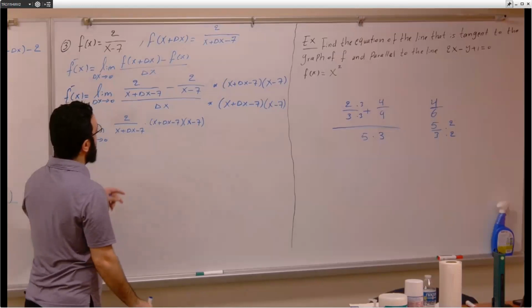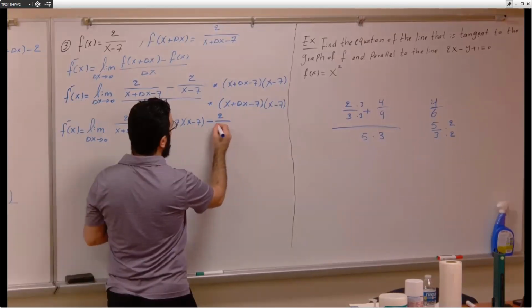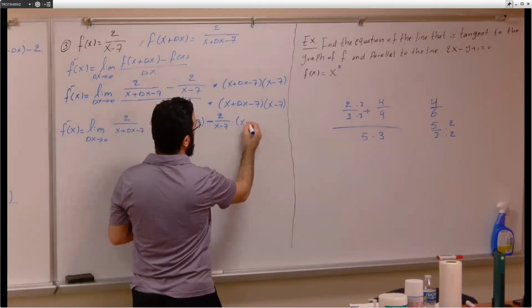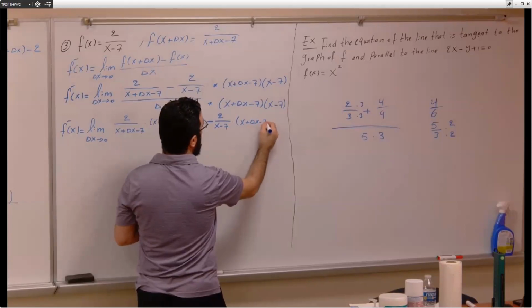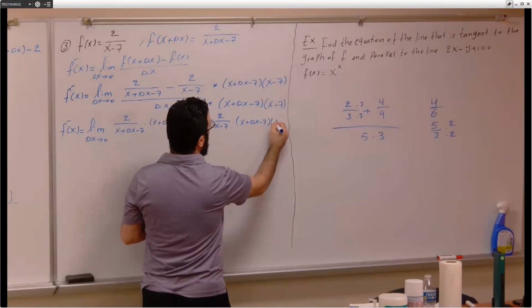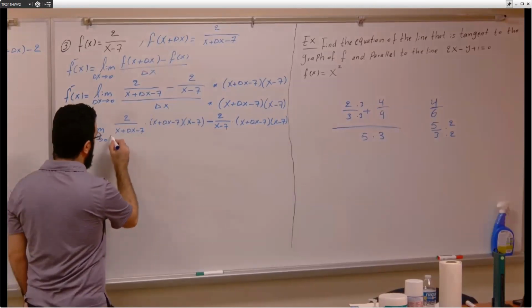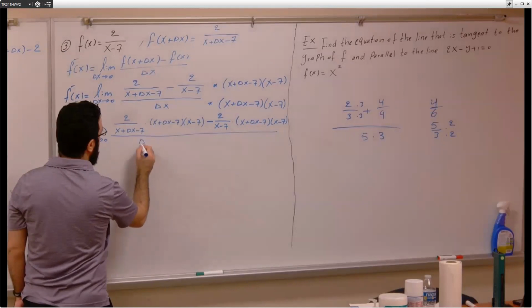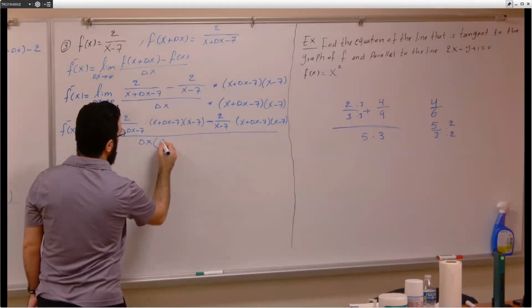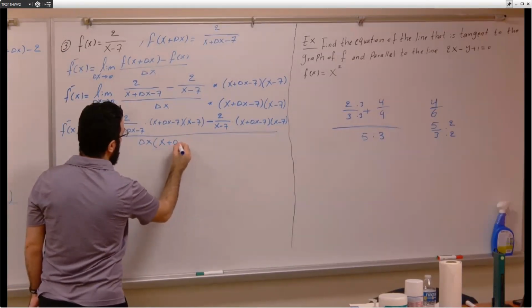Only for the first step. Minus, we have 2 over x minus 7 times x plus delta x minus 7 and x minus 7. And now everything is over delta x and x plus delta x minus 7 and x minus 7.